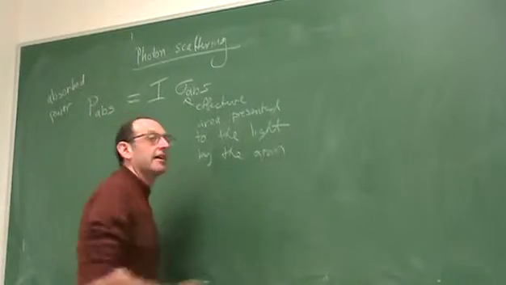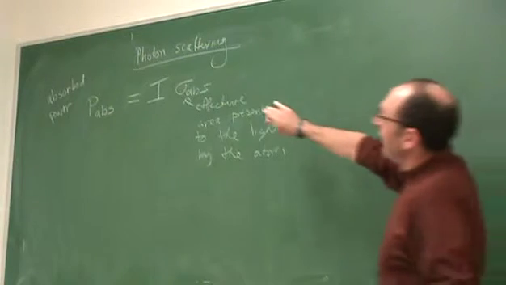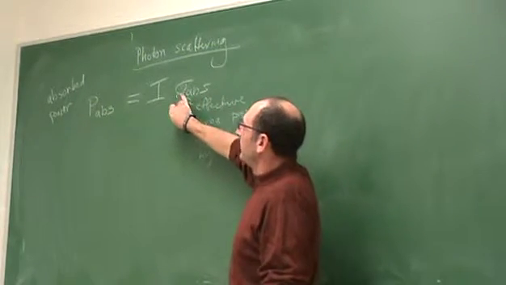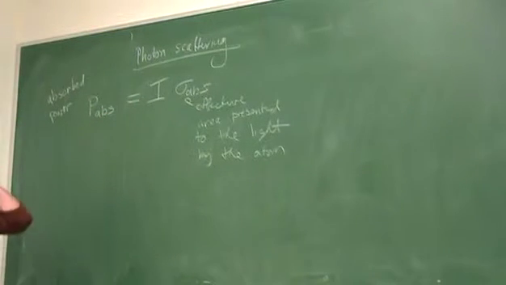So the atom is like a little bullseye with cross-sectional area. The cross-section sigma, the absorption cross-section, times that is the power absorbed. So let's calculate what that absorption cross-section is.